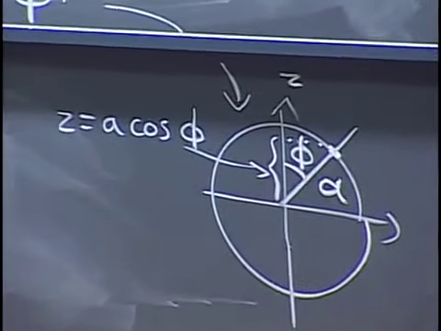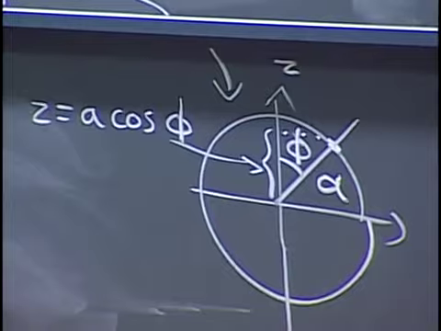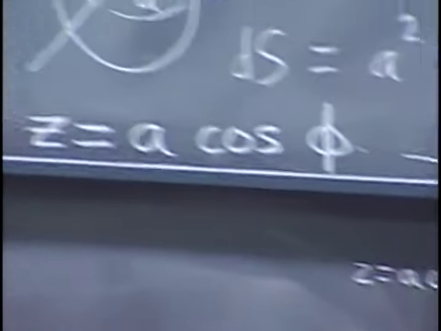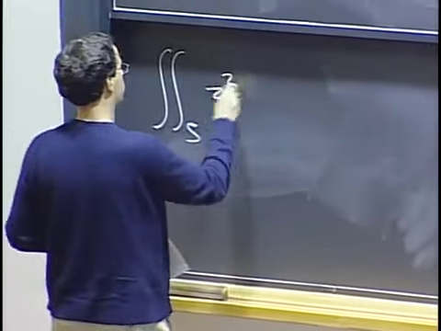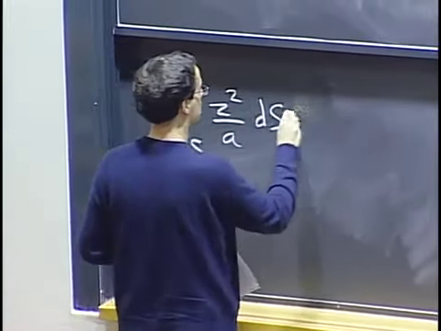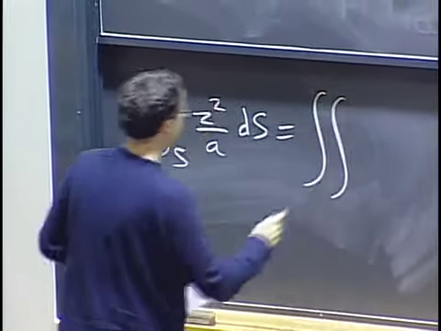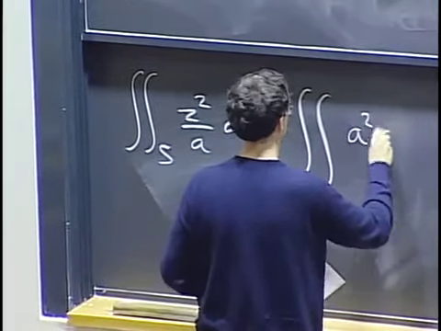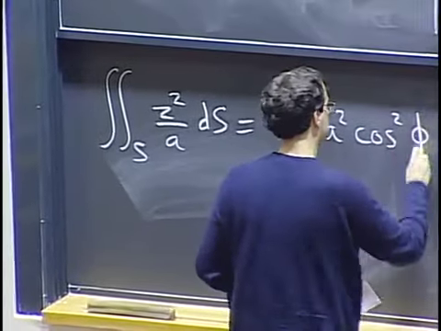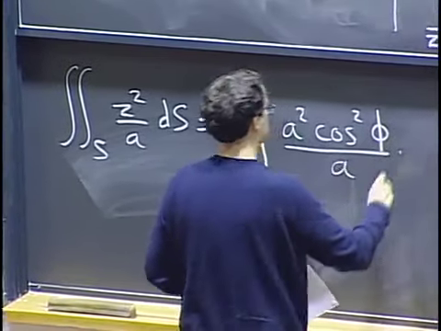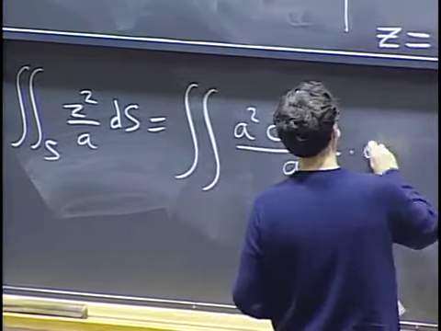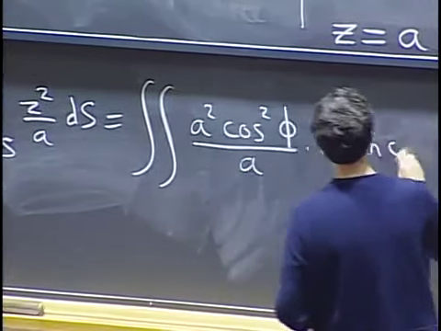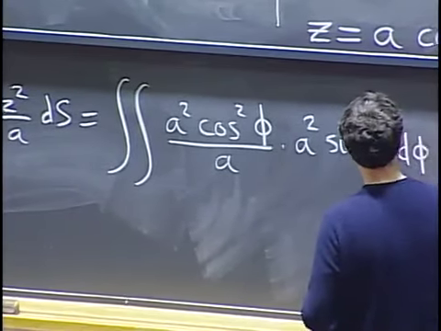So now I have everything I need to compute my double integral. z squared over a dS will become a double integral of, so z squared becomes a squared cosine squared phi, over a, times dS becomes a squared sine phi d phi d theta.